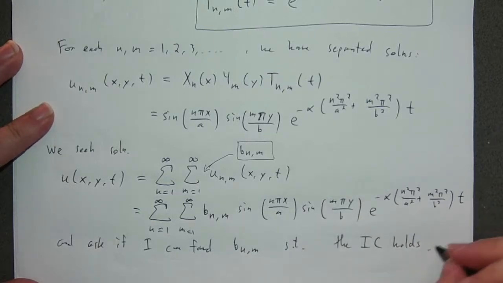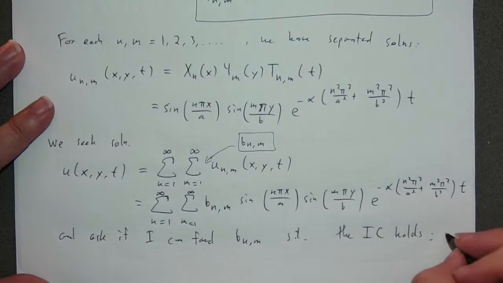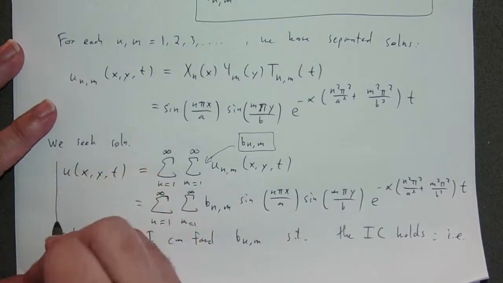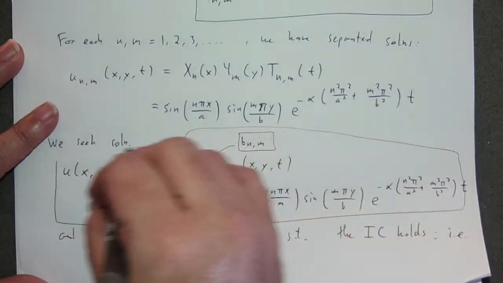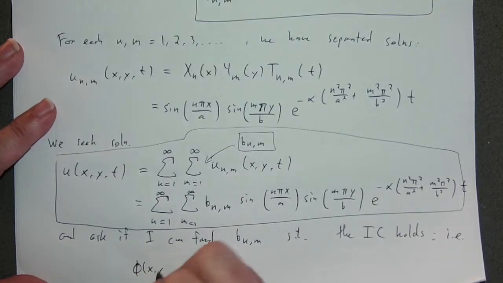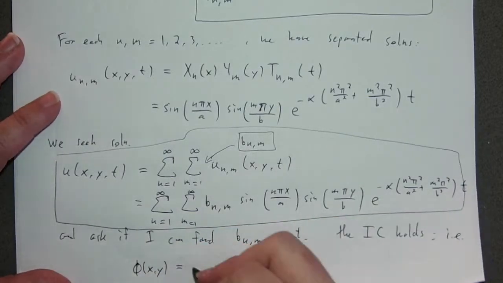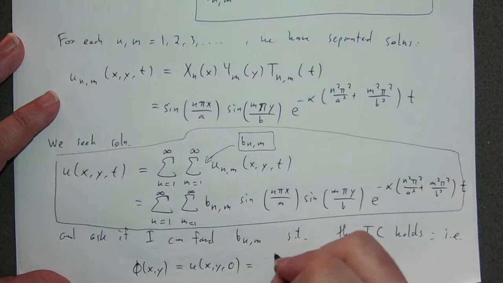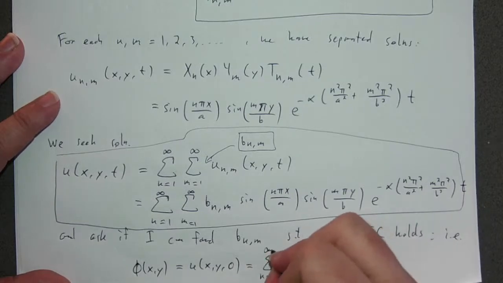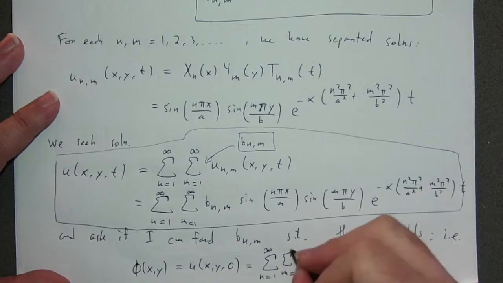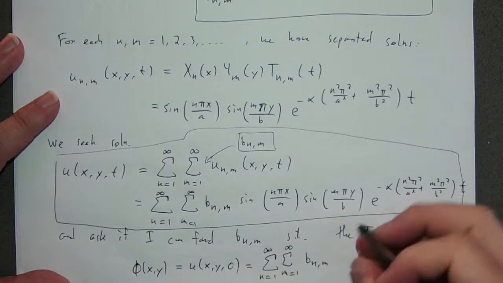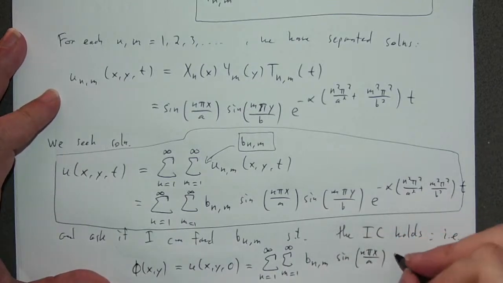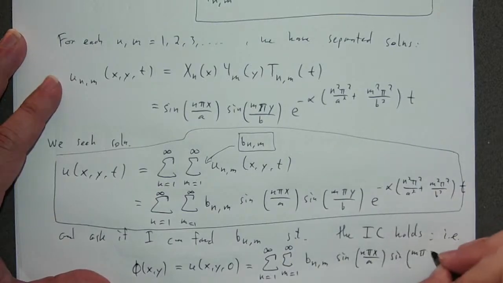which is exactly what I've done in all these examples before. I'm looking for b sub nm such that if I define u by this formula, phi of xy must be equal to u of xy 0, which is the sum from n equals 1 to infinity, sum from m equals 1 to infinity, b sub nm sine of n pi x over a sine of m pi y over b.